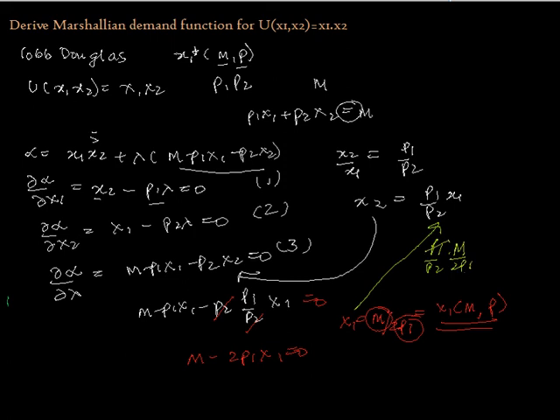The p1 and p1 get cancelled out, and you are left with m by 2p2, and this is your x2 star. This was x1 star. So your vector of Marshallian demand functions, x1 star, x2 star, is m by 2p1 and m by 2p2. These are your Marshallian demand functions for a Cobb-Douglas utility function.